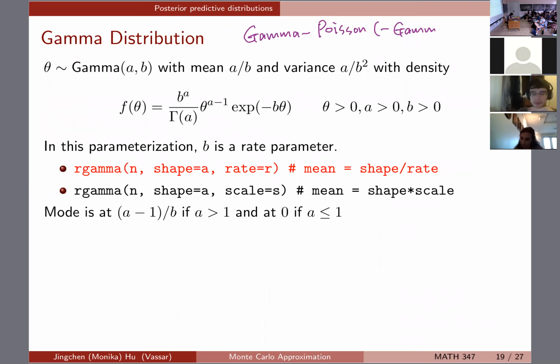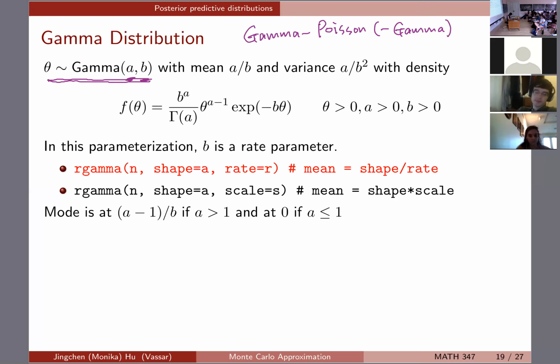Let's talk about this gamma distribution a little bit more. In this class, we'll focus on one way to parameterize it. If theta follows a gamma distribution with parameters A and B, keep in mind we're using A, B here.